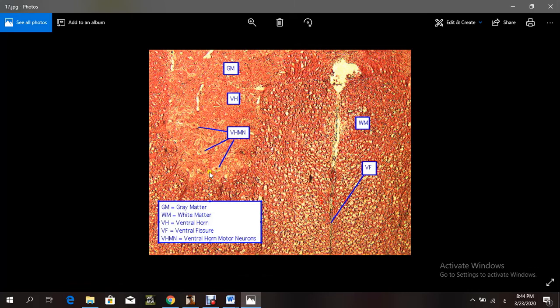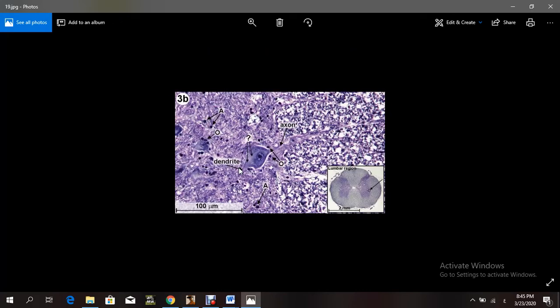At higher magnification, this is the gray matter. Within the gray matter we can see the neuronal cell bodies, whereas in the white matter there are no neuronal cell bodies. This is from the ventral horn or anterior horn. Again, this is the gray matter. This is the area between the gray and white matter. As we can see, this is the gray matter, while this is the white matter.